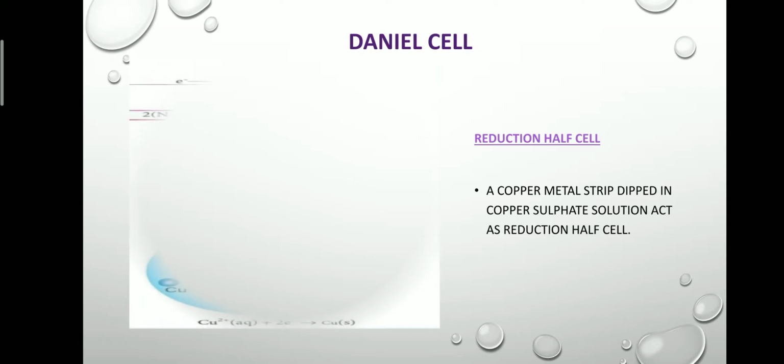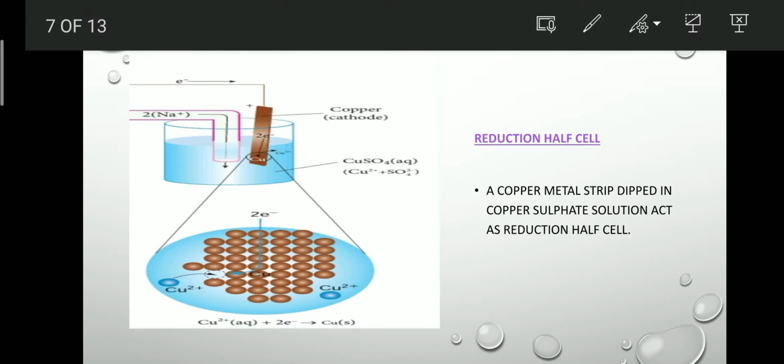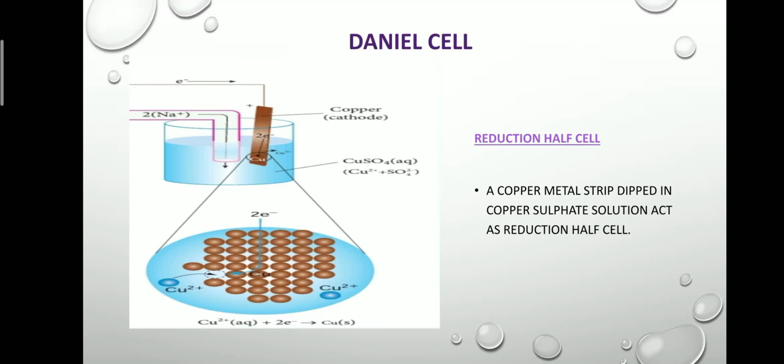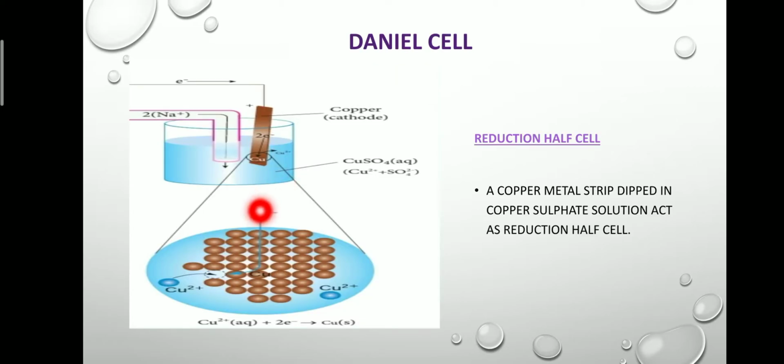So here in Daniell cell, we are using a copper metal strip, which is dipped inside a copper sulfate solution. This copper acts as an electrode, so here it acts as a cathode, and this copper sulfate solution acts as an electrolyte. This copper metal dipped in a copper sulfate solution acts as a reduction half cell.